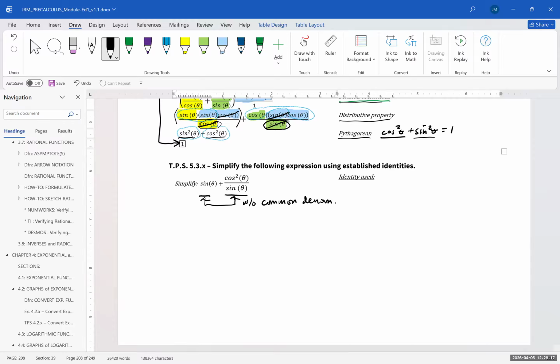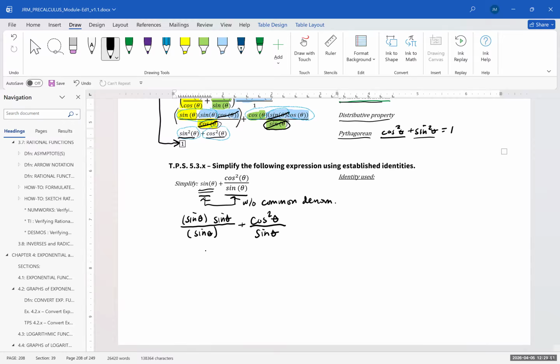And that might be a route to simplifying this. So in order to make that happen, we're going to have to multiply this sine theta by sine theta over sine theta. And that's going to be plus our original term of cosine squared theta over sine theta.